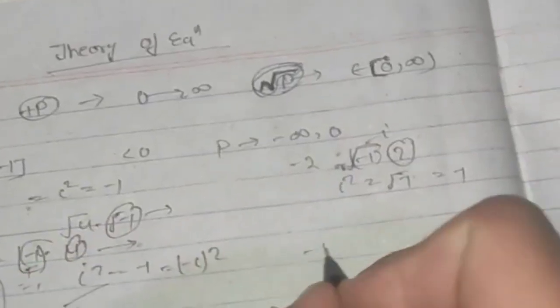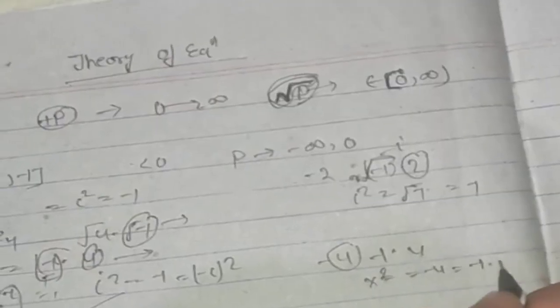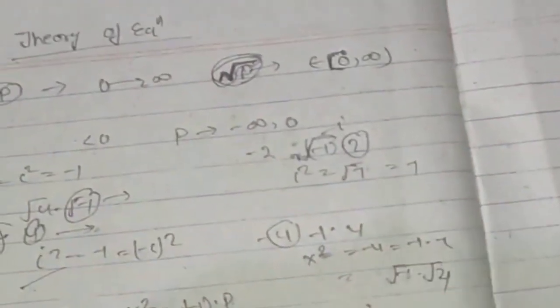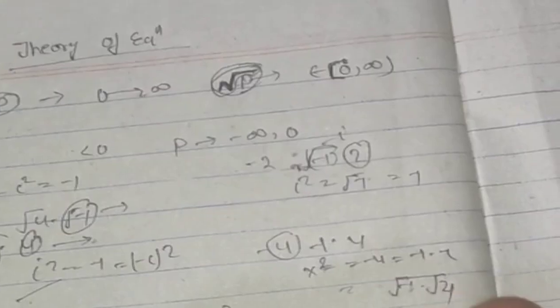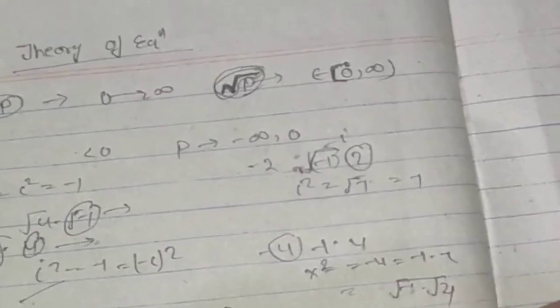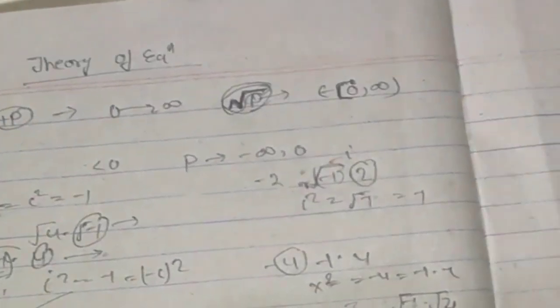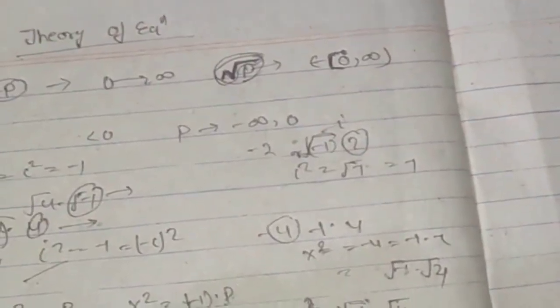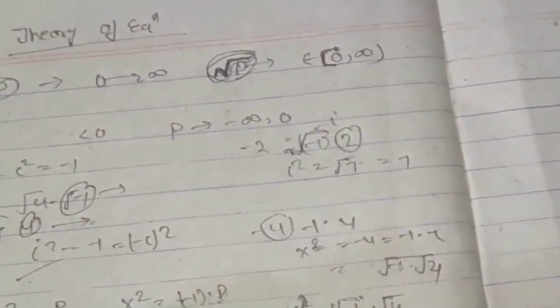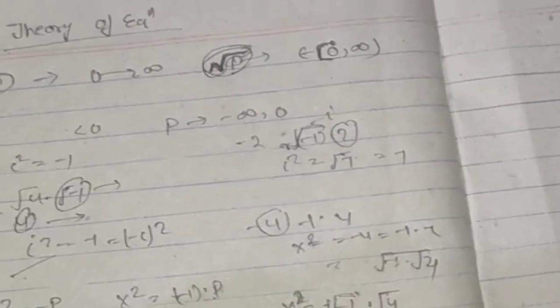Here we see that minus 4 is nothing but minus 1 times 4, and x square is equal to minus of 4, which is minus 1 times 4, this is minus 1 under root of 4. So x is equal to plus minus under root of minus of 4. This is 2, but this times is iota. So x is nothing but plus minus of 2 iota.